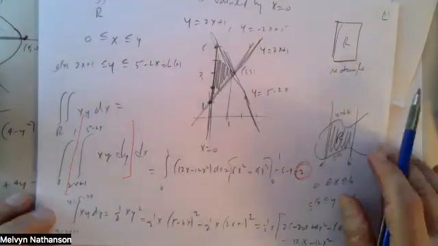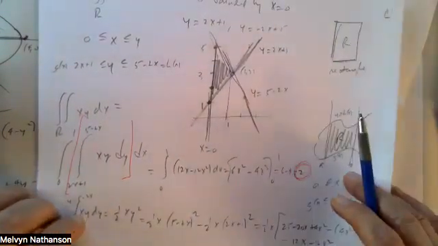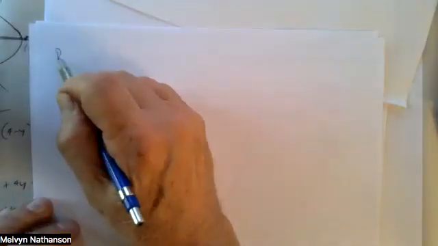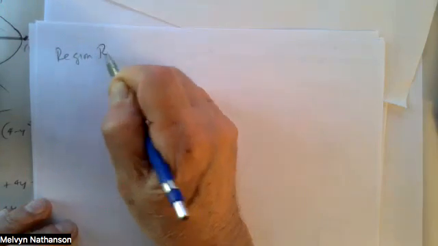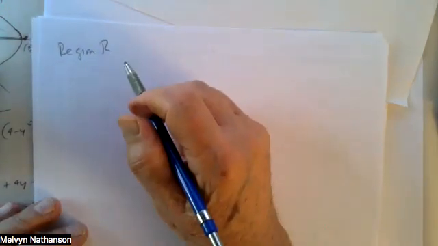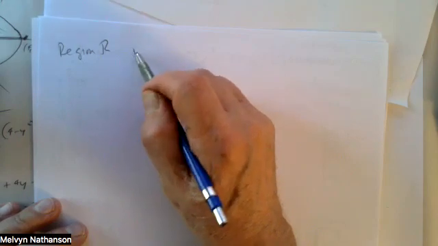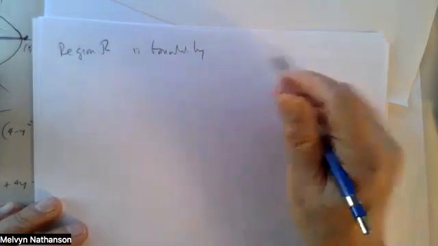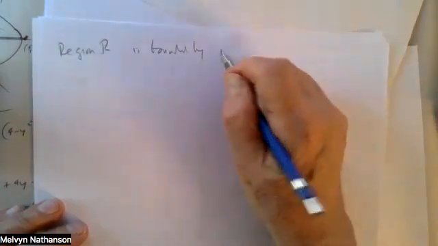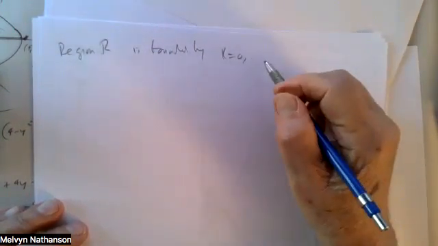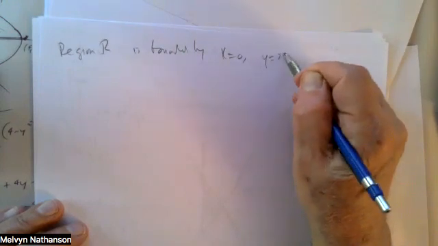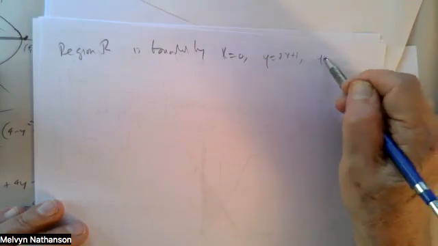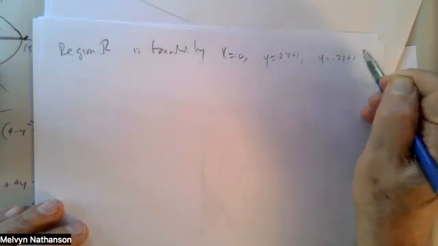Yeah. So my region R. This is what the problem says. The region R is bounded by the curves, or the equations, the lines, x equals 0, y equals 2x plus 1, y equals minus 2x plus 5.